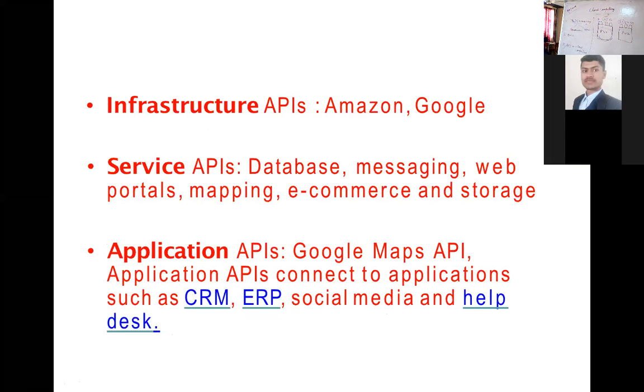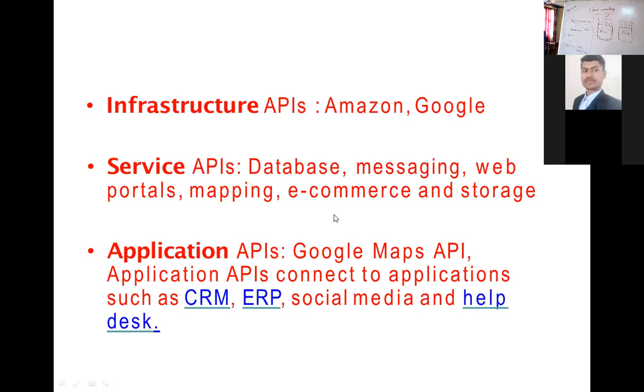These are the examples for cloud infrastructure APIs, service APIs, and application APIs. For the infrastructure APIs, we have Amazon, Google, IBM, Azure. They are providing an interface and infrastructure for application development. That is called infrastructure APIs. Next is service APIs, like database, messaging, web portals, mapping, e-commerce, and storage.